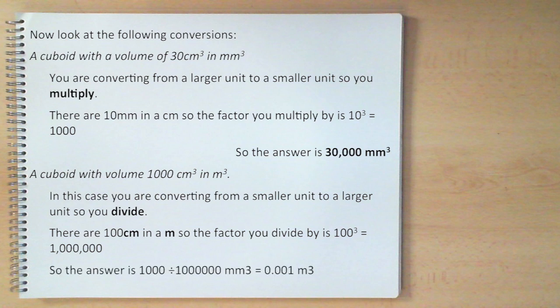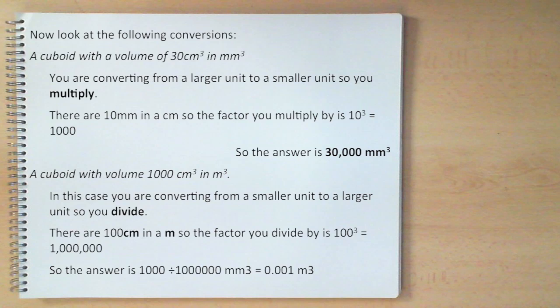So the answer is 1,000 divided by 1,000,000 meters cubed, which is equal to 0.001 meters cubed. So 1,000 centimeters cubed is a very small number of meters cubed.